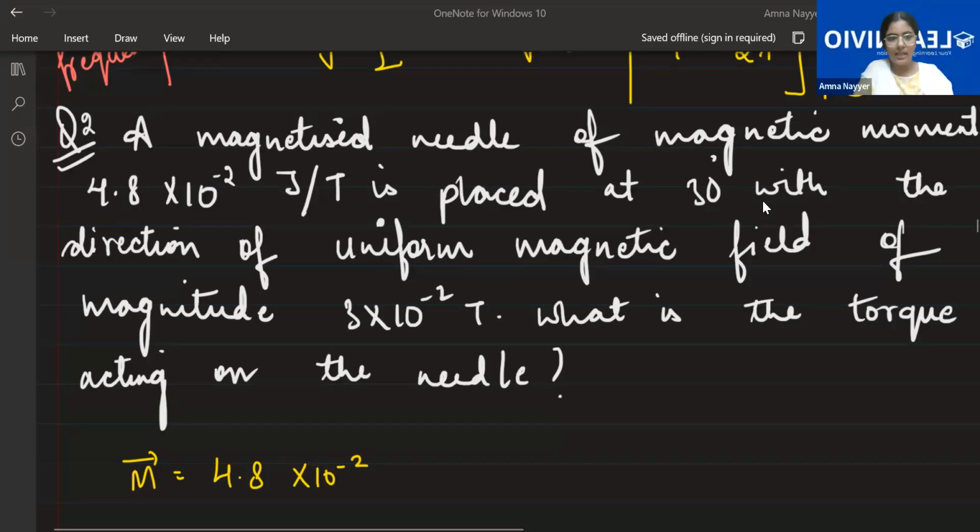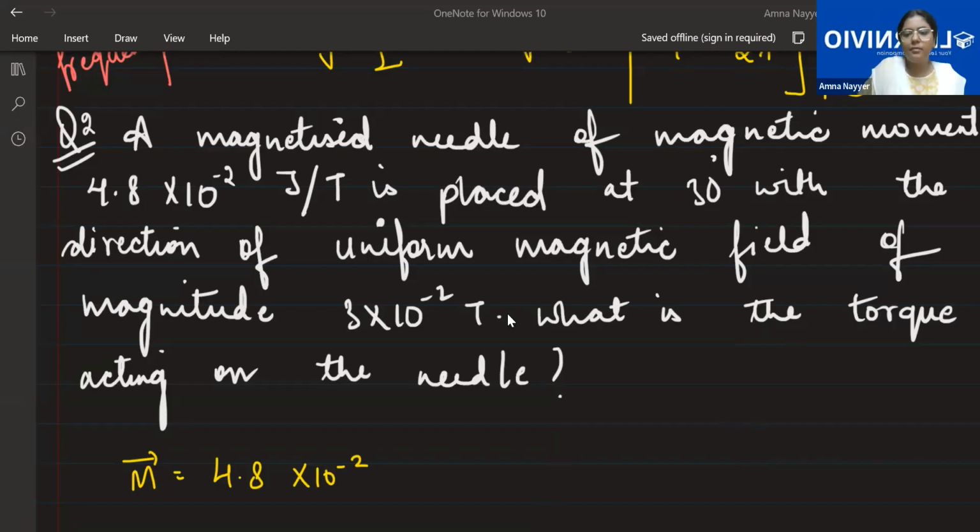See, magnetic moment is 4.8 into 10 to the power minus 2 joules per Tesla. This is placed at 30 degrees in the direction of uniform magnetic field. Means you have a bar magnet. So see, 30 degree with the direction of uniform magnetic field.